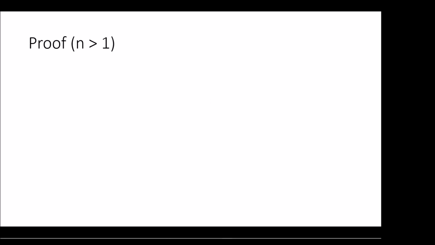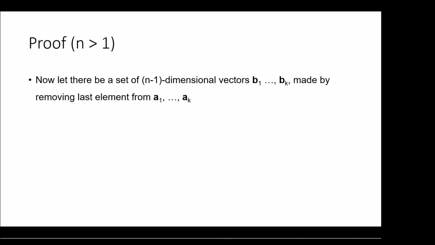So the second part of the proof, when n is greater than 1, we will first introduce a set of n minus 1 dimensional vectors, which we will call b1 through bk, which were made by removing the last element from each of the a1 through ak vectors. We know that these are linearly dependent by our induction hypothesis.